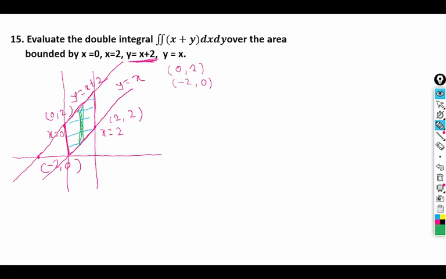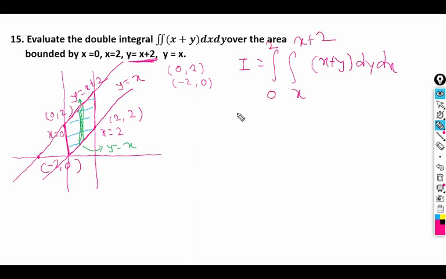The lower end touches y = x, and the upper end touches y = x + 2. So the minimum and maximum value of x gives us the limits. The integral will become the integral of x + y dy dx. Limits are x to x + 2, and the outer limit, the minimum to the maximum value of x, is 0 to 2.